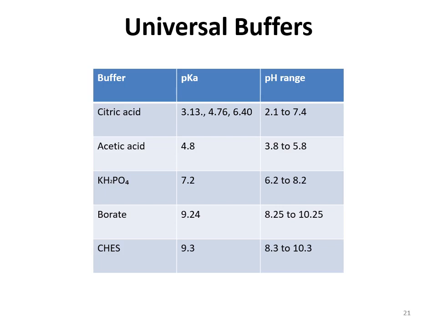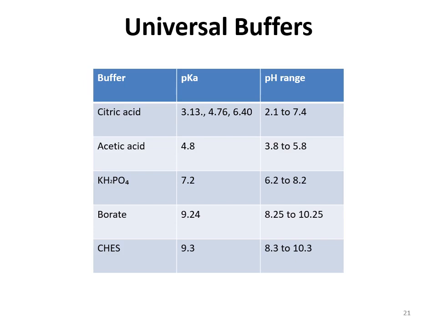Next is monopotassium phosphate, KH2PO4, and its pKa value is 7.2 and its pH range is 6.2 to 8.2. Next is borate. Borate, its pKa value is 9.24 and its pH range is 8.25 to 10.25.